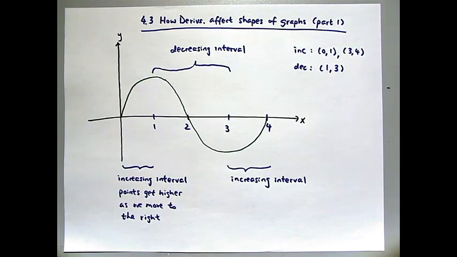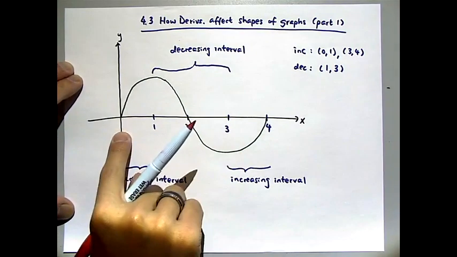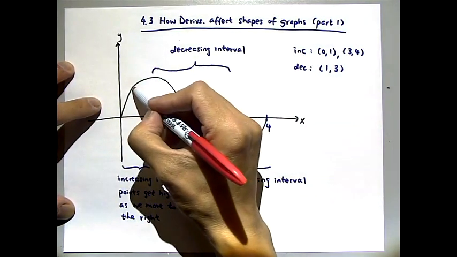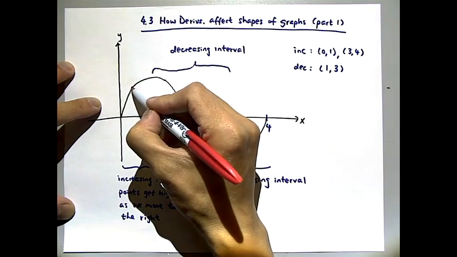Okay, so that's not very difficult to grasp. Now the thing we want to tie to the increasing and decreasing parts of the graph is how they are affected by the derivative. Let's go to an increasing interval right here, let's say between 0 and 1. Notice that it doesn't matter which point I choose.